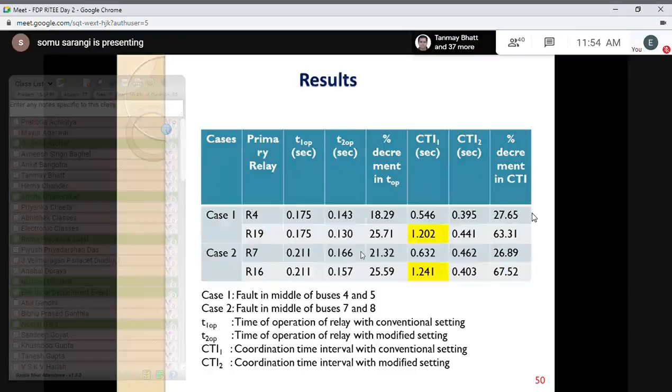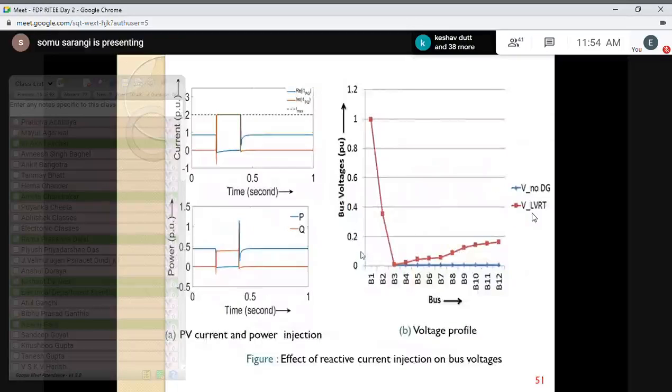After that, the CTI has been improved with the modified setting. The change in our CTI is very high, that is 63%, 64% and 67%. Still, we are unable to achieve a CTI between 0.2 and 0.4, which is desirable. So the problem is still there, and further work may be done on this.